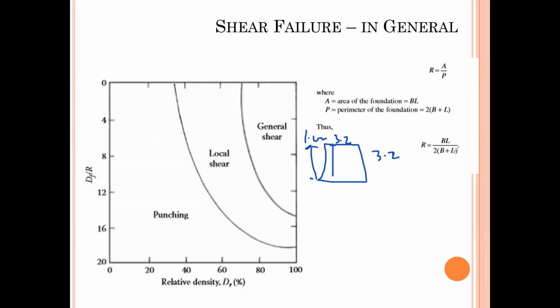Then you put that into this parameter and calculate what Df divided by R is. Based on that value, you can see that at least to have this in the general shear region, you need to have at least this much relative density. So that shows you how much you should compact your soil.